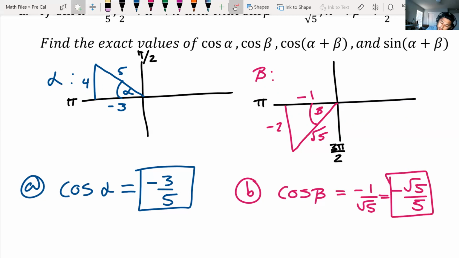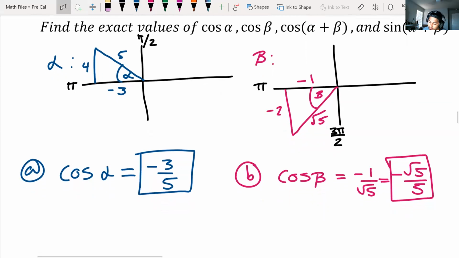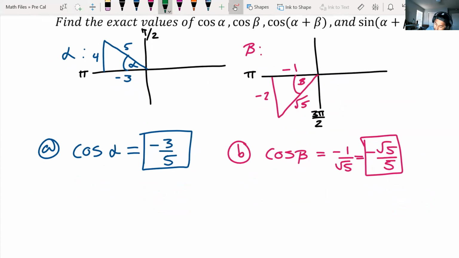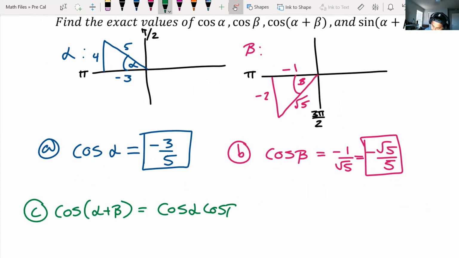And now time for the sum formulas for both functions. C. What is cosine alpha plus beta? Which means you'll get cosine alpha, cosine beta, minus sine alpha, sine beta. And now all we have to do is reference our triangle. Actually, I think we have all those values already.